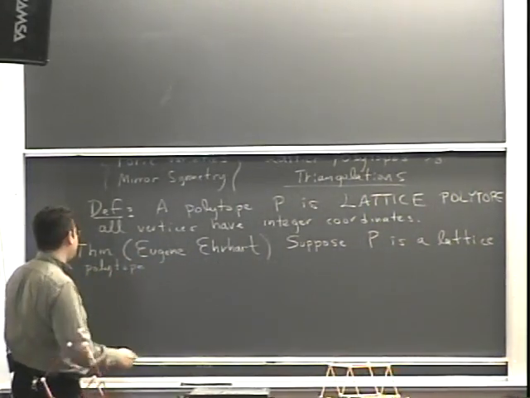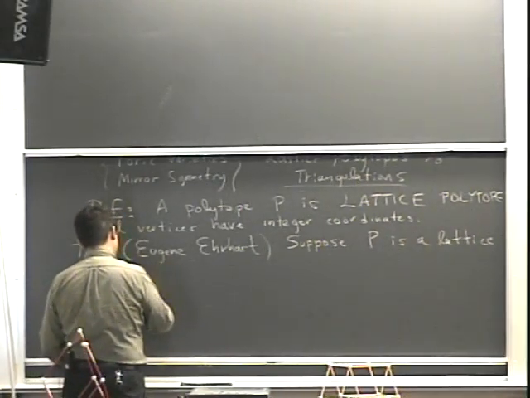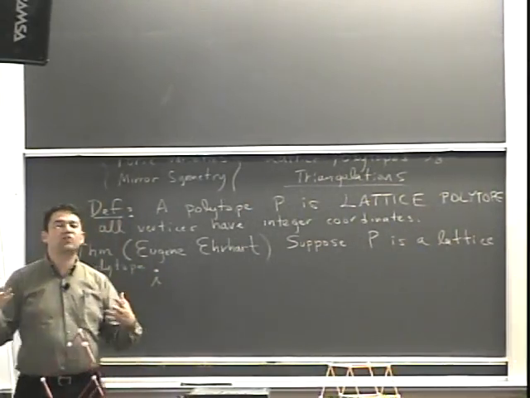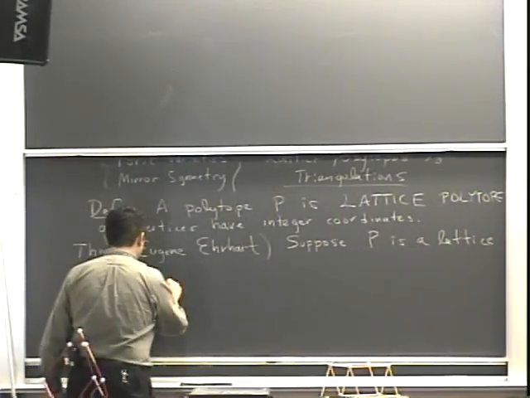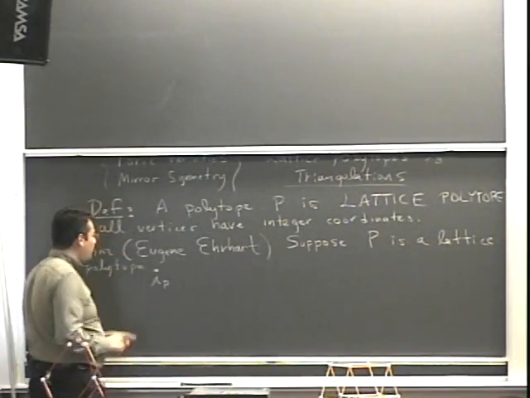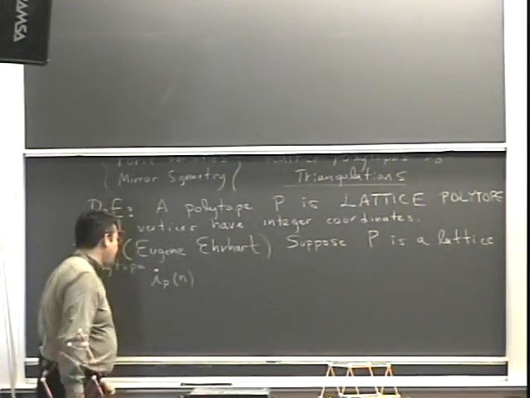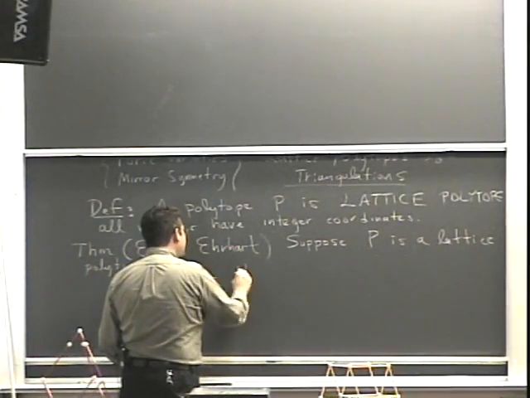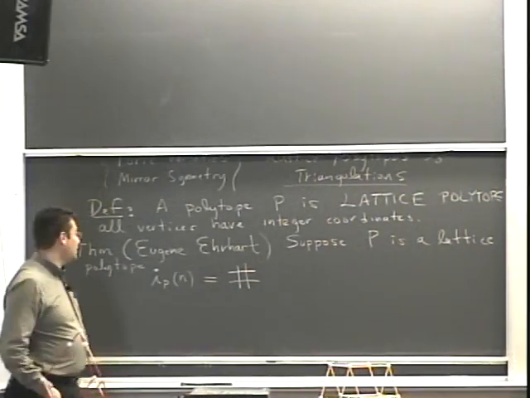And suppose that we define a function that is going to count things inside this polytope. The counting function depends on the polytope P and on a non-negative integer n, and is very simple to define: it is the number of lattice points. A lattice point, again, is a point with integer coordinates.